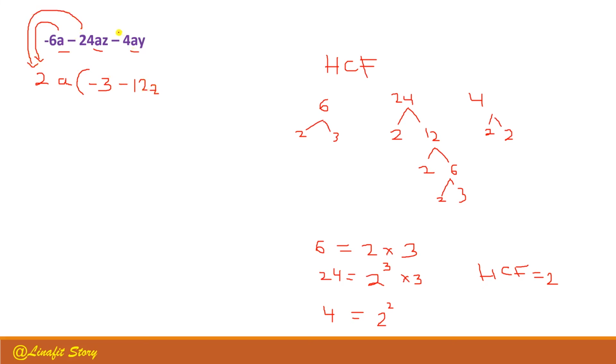And then negative 4ay divided by 2a is equal to negative 2y. Or you can write it as negative 2a, open bracket, 3 plus 12z plus 2y.